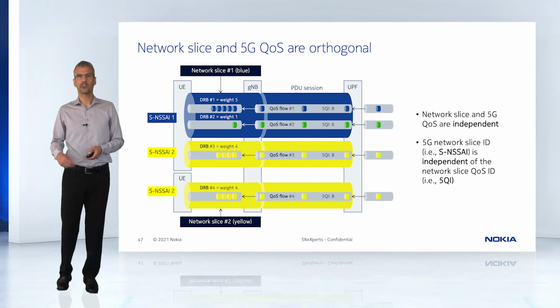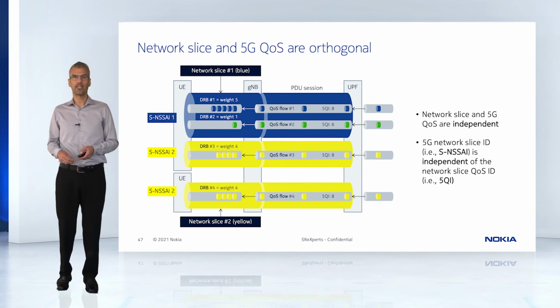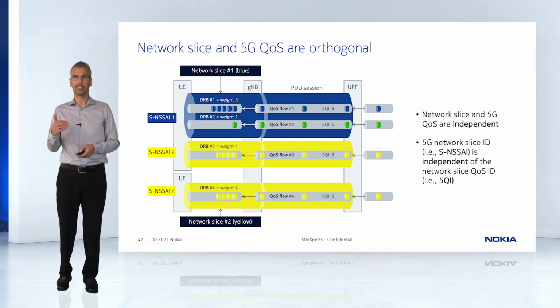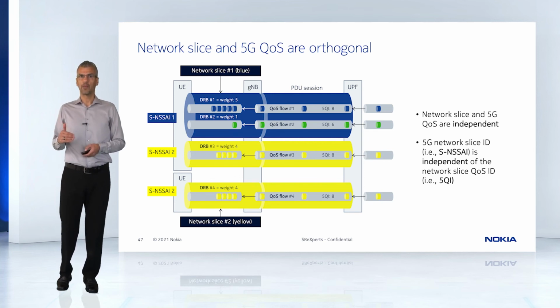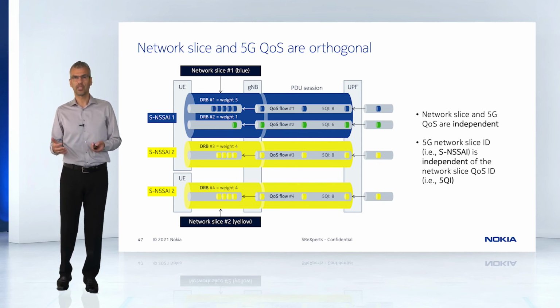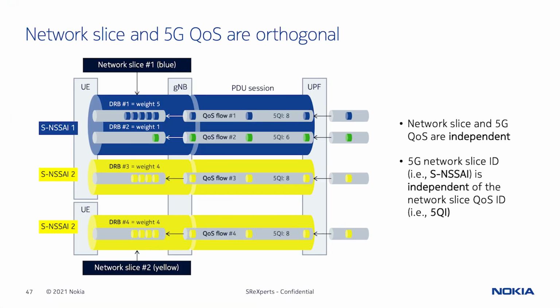However, each of these network slices can be used for various QoS flows. This is the lowest granularity at which 5G allows you to control the QoS. From that aspect, you see, for example, the blue network slice can use QoS 8 and 6, and the yellow network slice can use QoS 8 only.